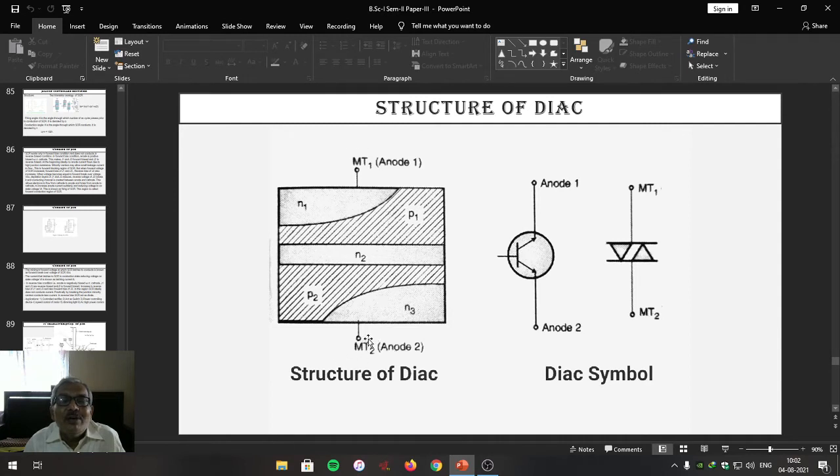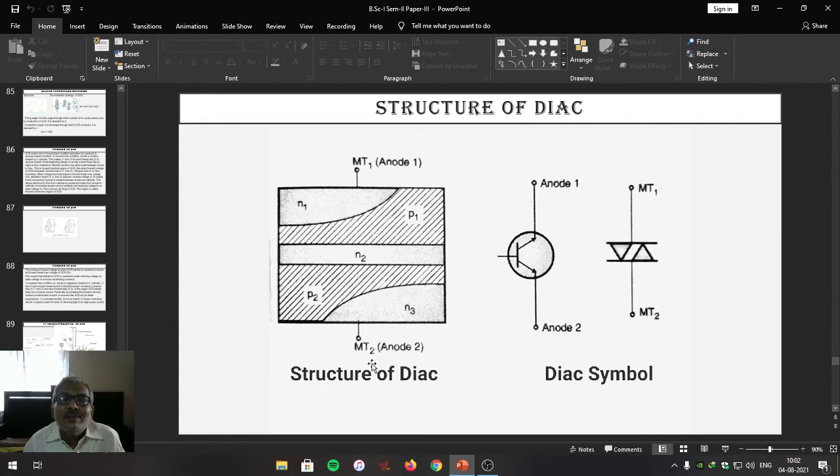MT1 and MT2 are to be treated as main terminal 1 and main terminal 2. We can't call these terminals anode and cathode because it is a bidirectional device, means it is going to conduct in both the directions. So that's why the general names are given: main terminal 1 and main terminal 2.